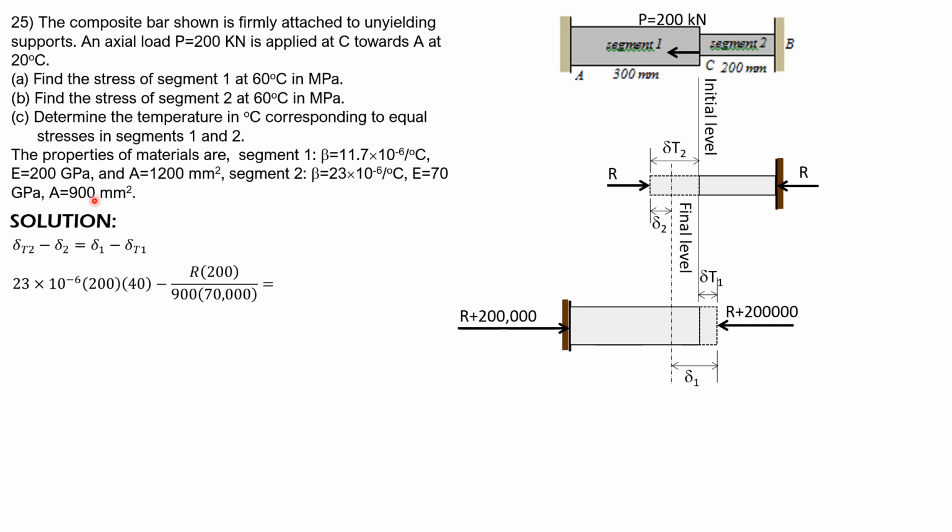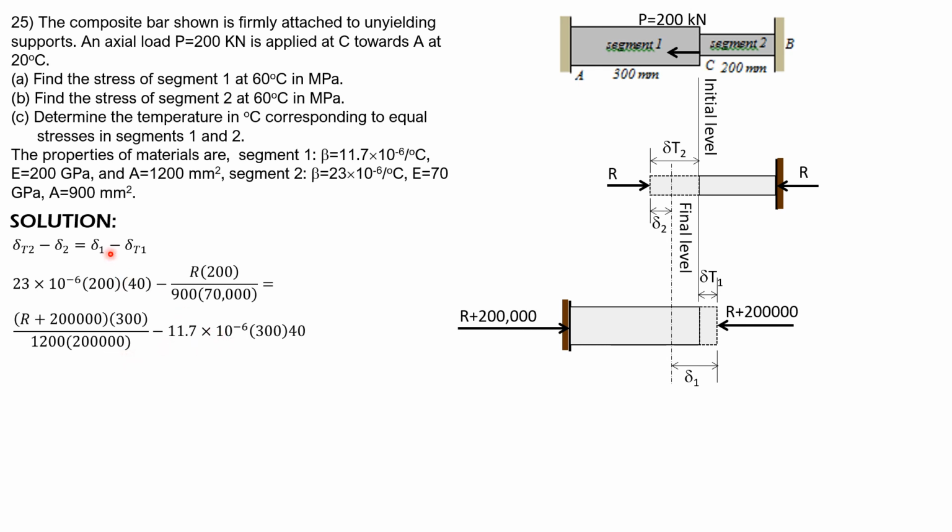Area of segment 2 is 900 mm square. Then E is 70,000 megapascals, to make that in mm, equals delta 1. Delta 1 is force, which is R plus 200,000 newtons, times length 300 over area 1,200, E 200,000.